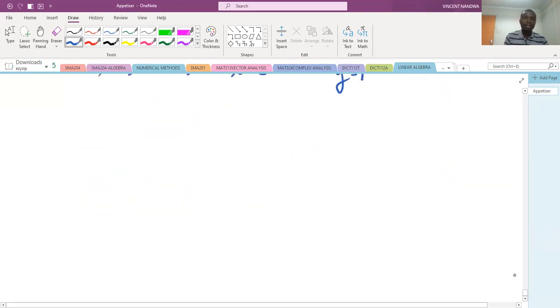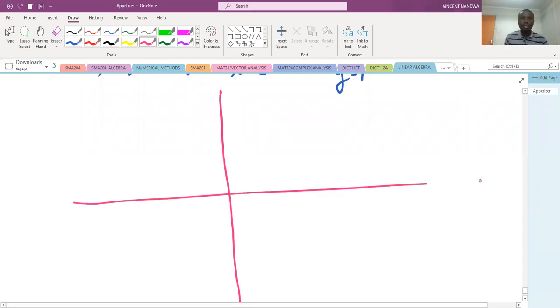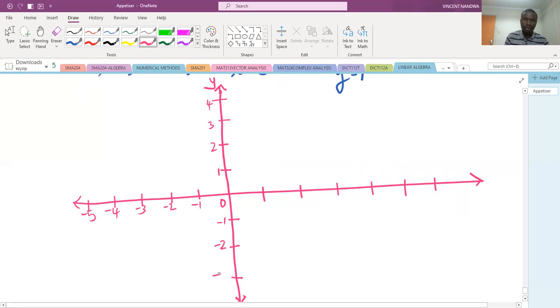And so to graph this, I draw this as my y-axis and this is my x-axis, marking the positive and negative values 1, 2, 3, 4, 5, 6 along each axis.